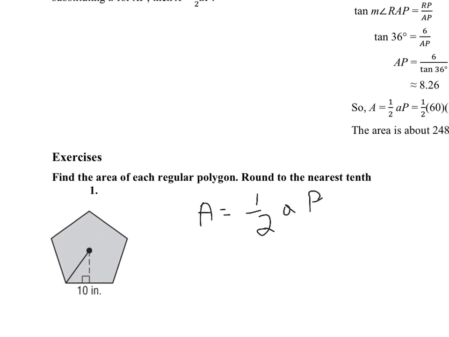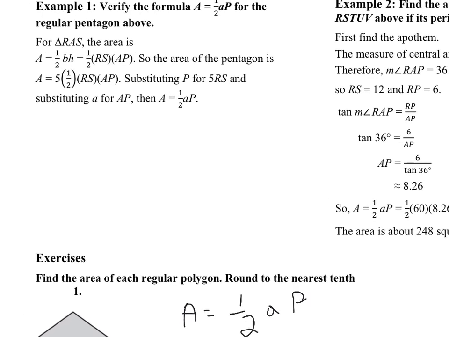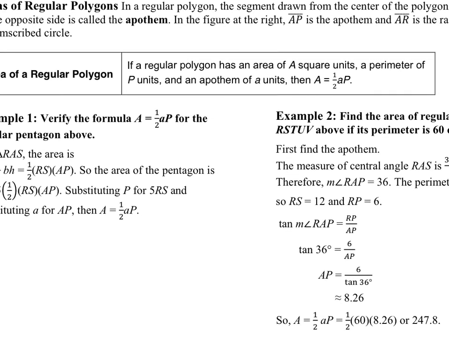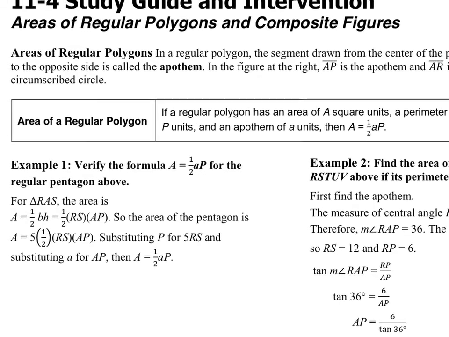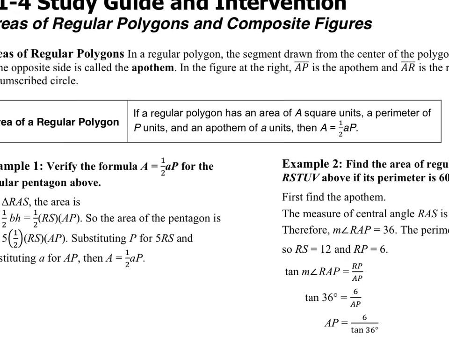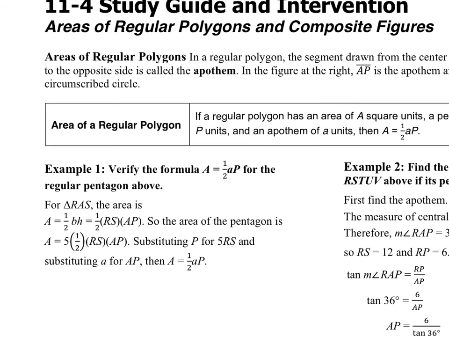A is called the apothem. If you look at the definition, look at the spelling, okay? And what is the apothem? The apothem is a segment from the center perpendicular to the opposite side.